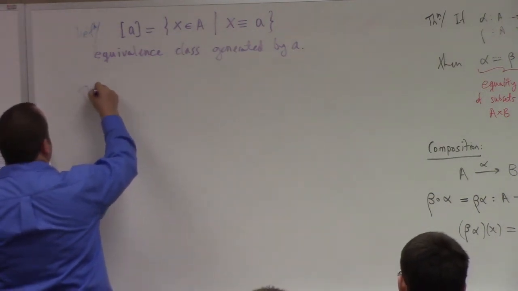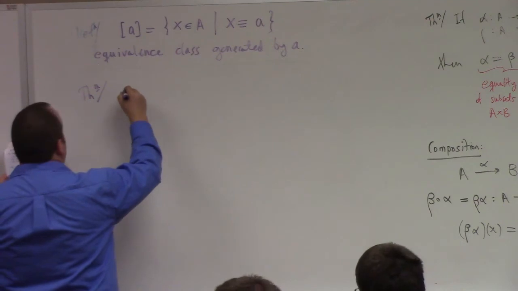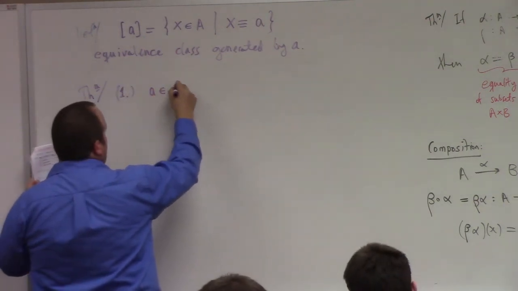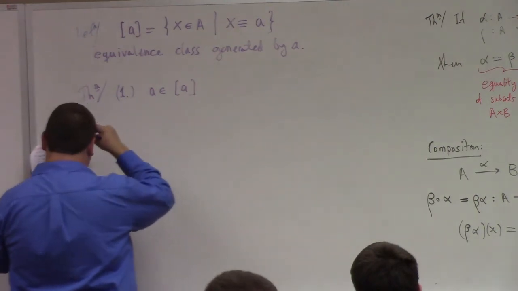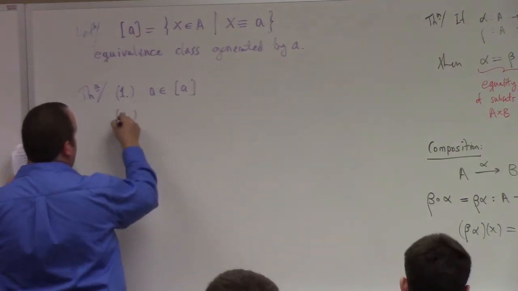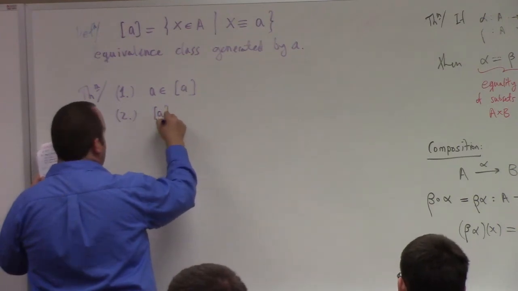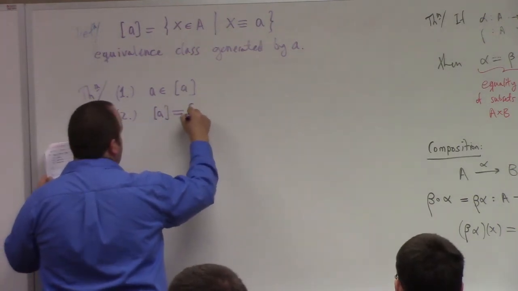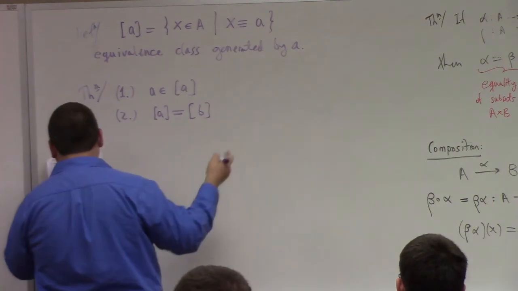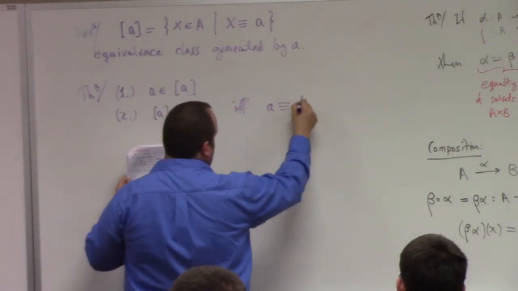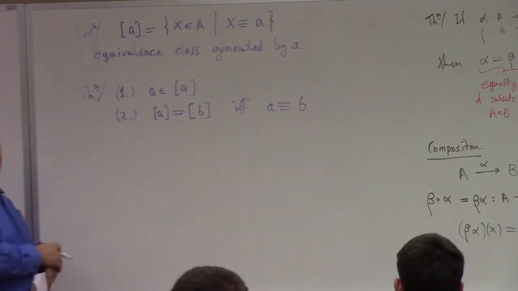Here's the theorem. Number one, A is an element of the equivalence class of A. How do you get that? Yeah, that's the reflexive property, isn't it? Number two, the equivalence class of A is equal to the equivalence class of B if and only if A is equivalent to B. All right?